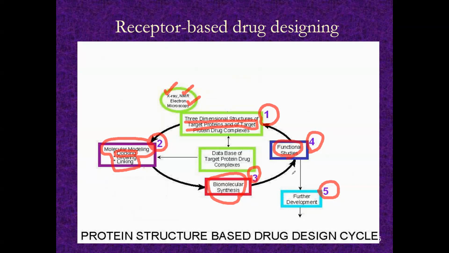The functional studies are carried out in molecular biology labs, biochemistry labs, in which we take the compounds and test those compounds using the proteins and cell culture cells in order to find out the functional characteristics of the compound. So this is biochemistry over here. This is chemistry over here in number 3.